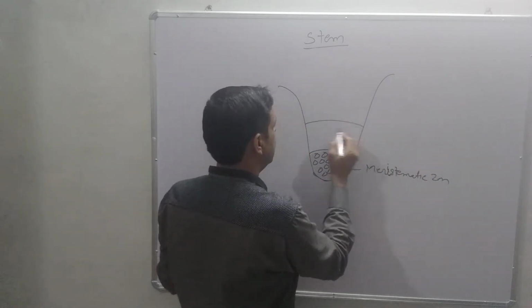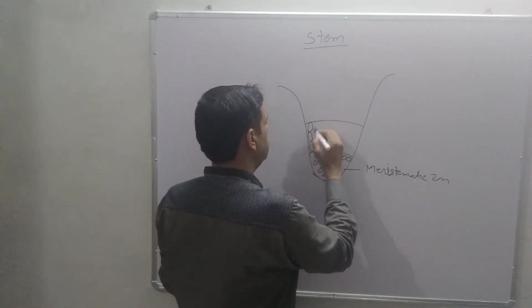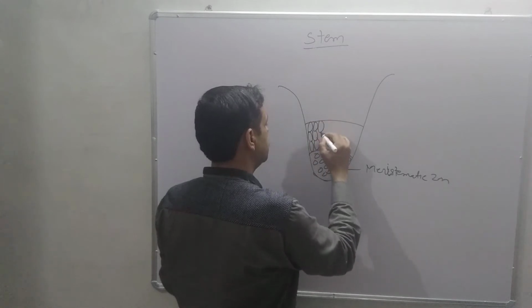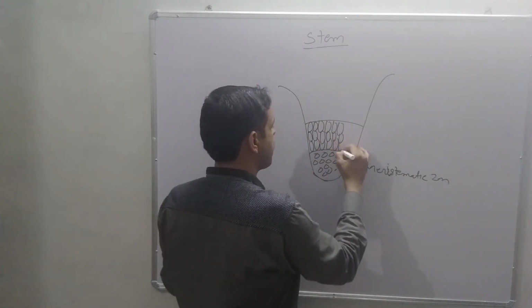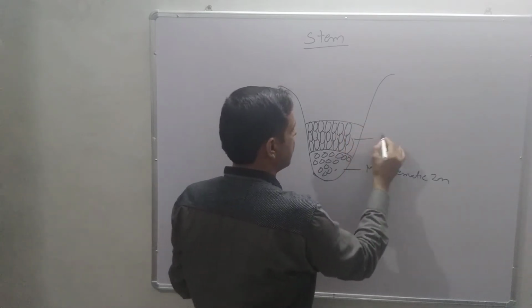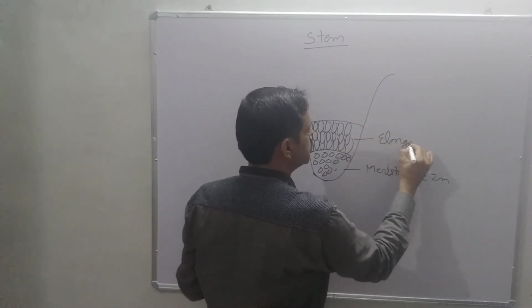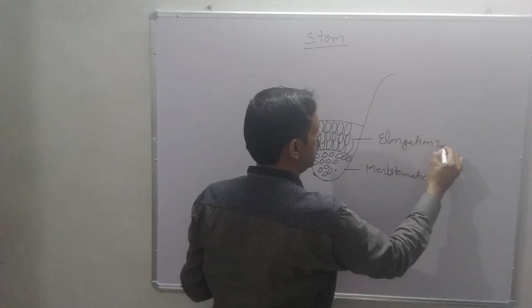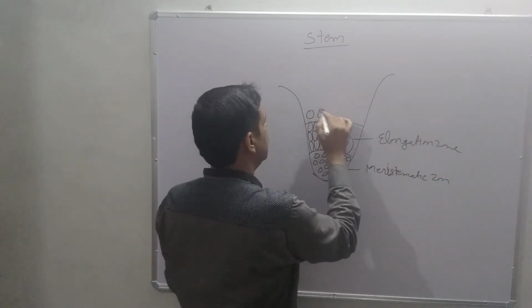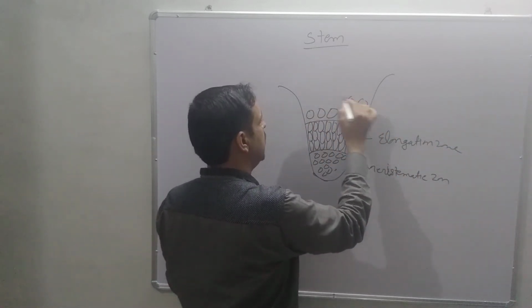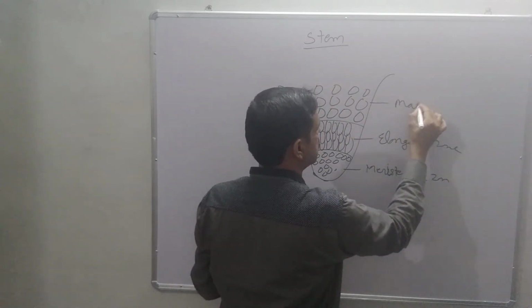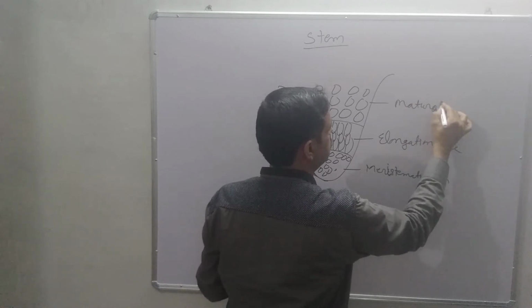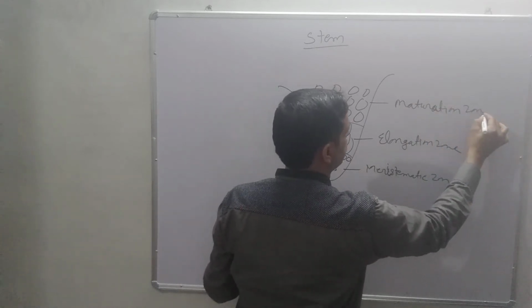After that, the second part is called the elongation zone, and the last part is called, as you know in the root also, the permanent or maturation zone.